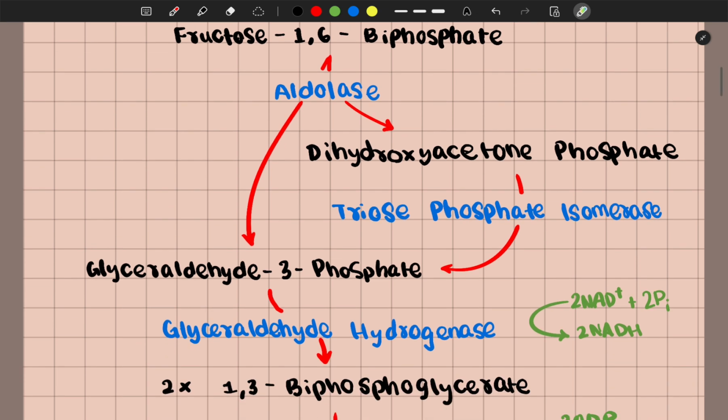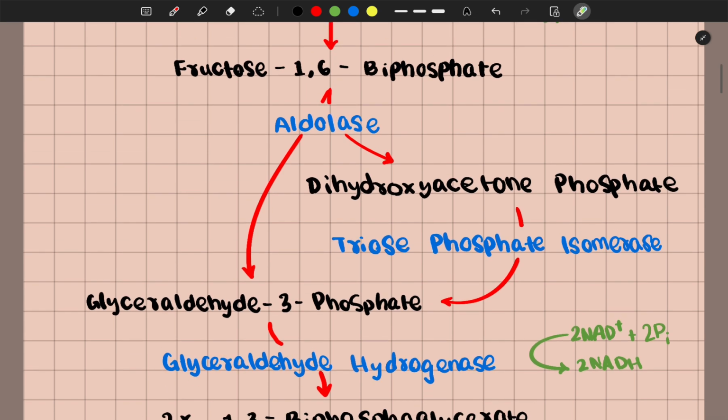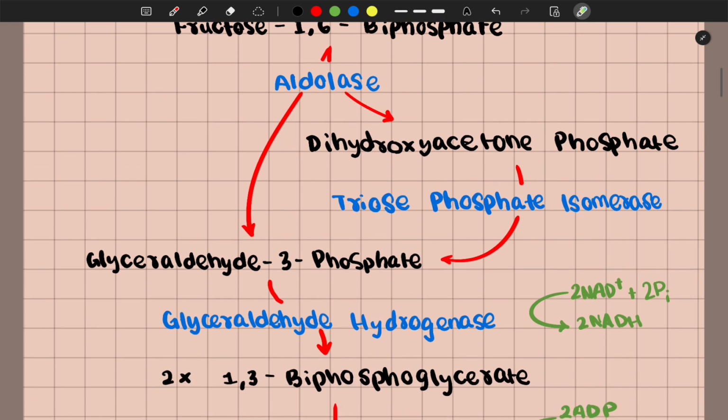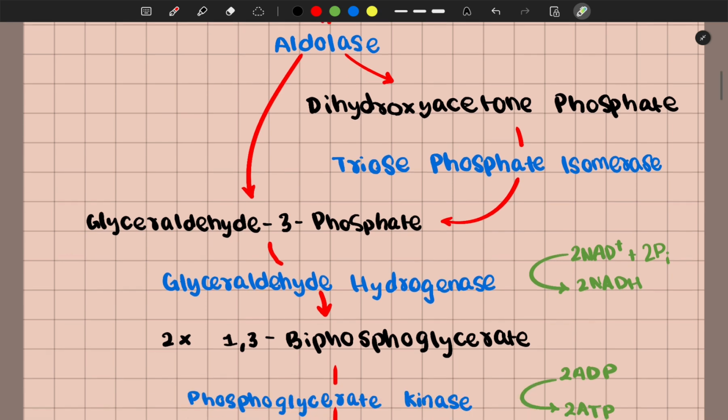So fructose 1,6 biphosphate under the aldolase enzyme is converted into two products. The first is a 3 carbon molecule, dihydroxyacetone phosphate, DHAP, and the other is also a 3 carbon molecule, glyceraldehyde 3 phosphate, so G3P.